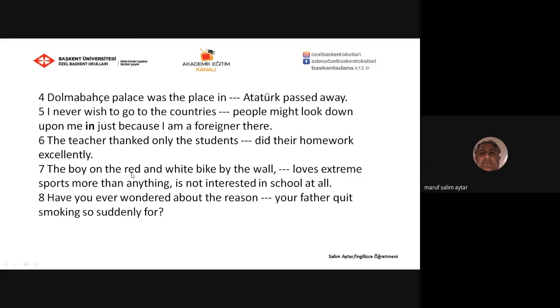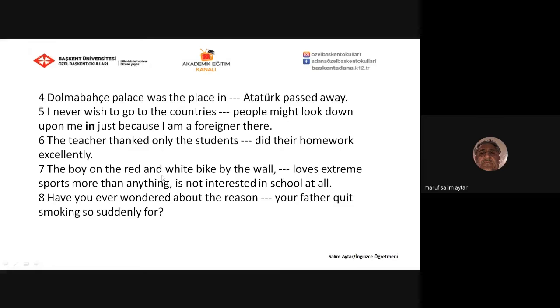The boy on the red and white bike by the wall. Ooh, it is a heavily modified noun group, okay? If there is such a piece of information, it means that you have to put a comma here, and this must be an undefined relative clause, huh?